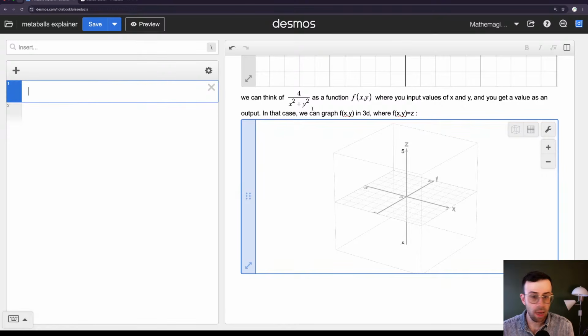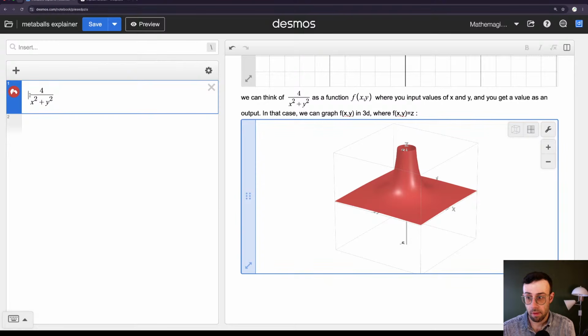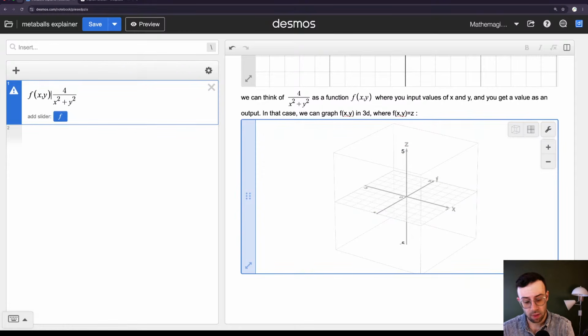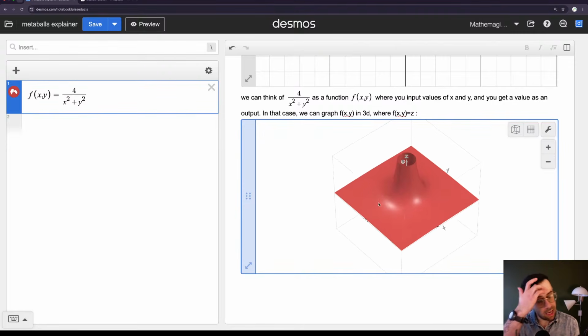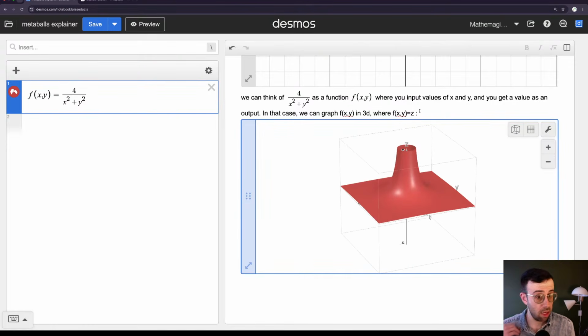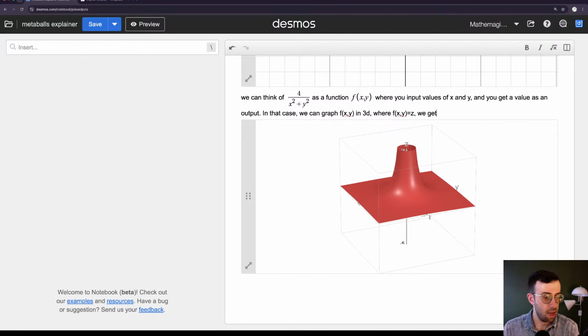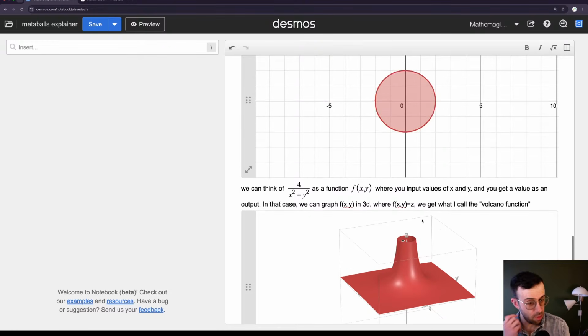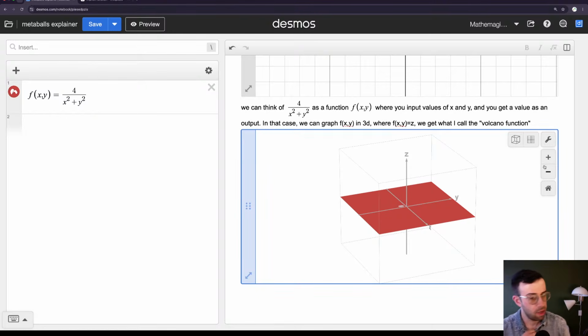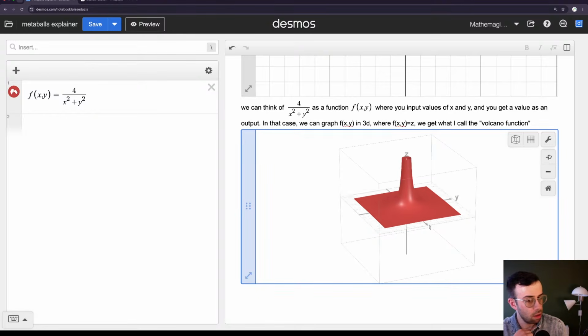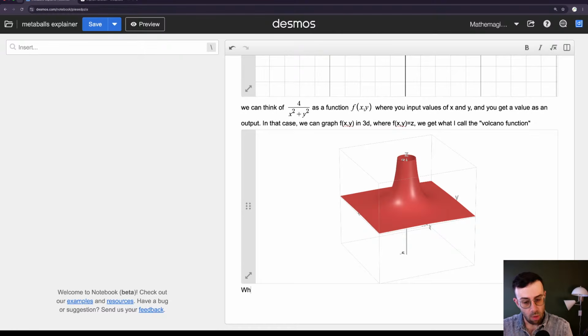Okay, so if we now graph this in 3D, we'll just put f of x, y equals that. So we get this volcano thing. We get what I call the volcano function, which I just named. And if we zoom out, it goes on forever upwards. Why is it a volcano shape?